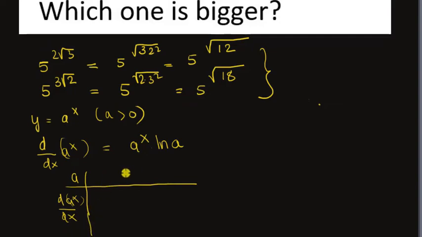Okay, now if a is greater than 0 and less than 1, and a greater than 1. If a is greater than 0 and less than 1, the natural log of a, let me write this again, it's wrong.